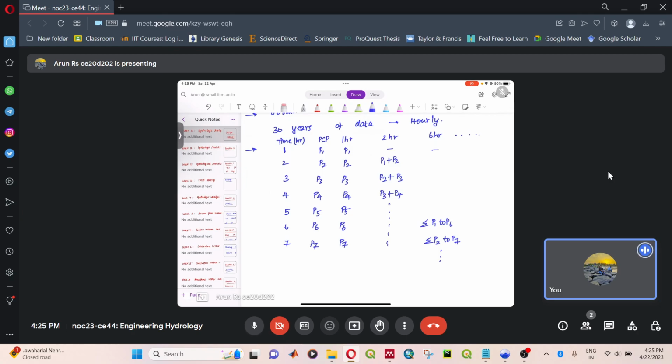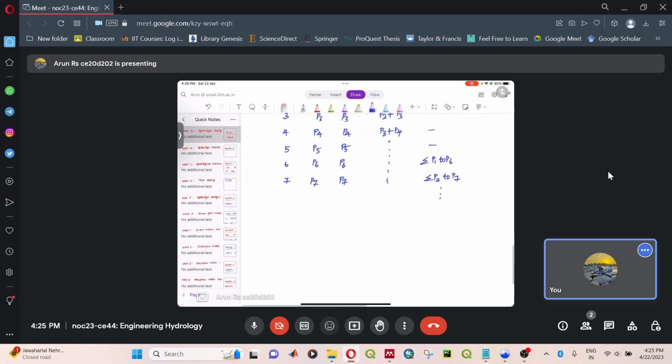So for different durations, we will find out these running totals. And we will find out the maximum value for each duration.